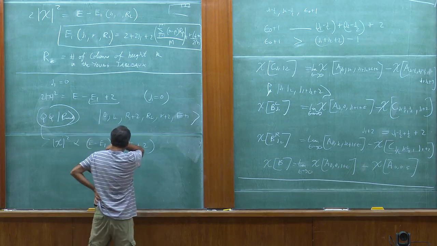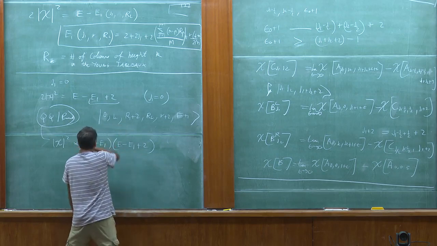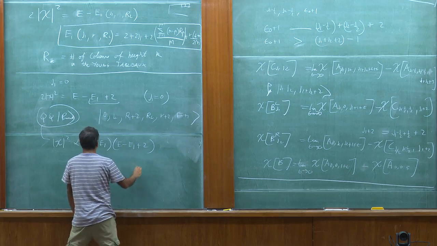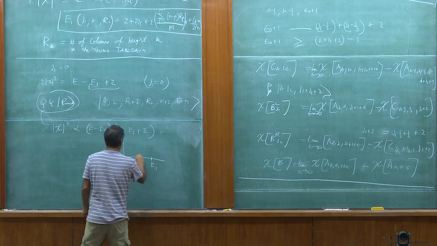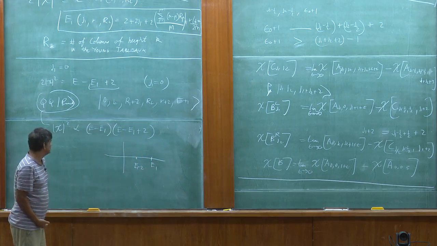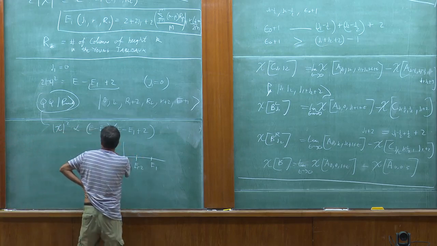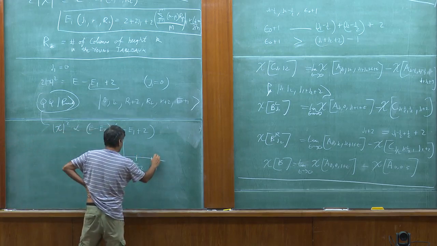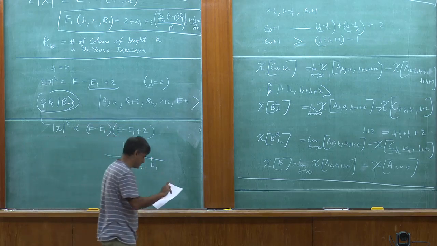So let's say we've got E1 and we've got E1 minus 2. Let me just make sure I've got this E1 correct.